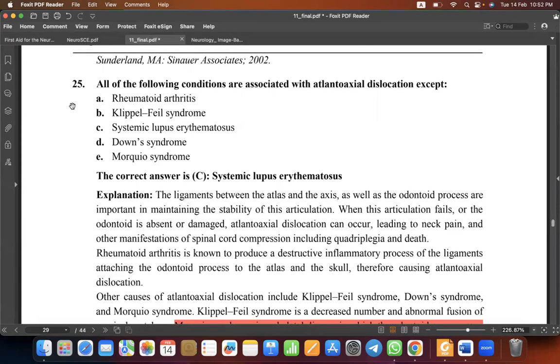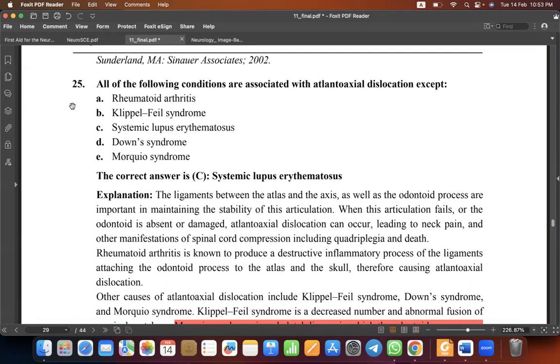The patient will have some neck pain, some quadriplegia. It can even cause death, particularly involving the respiratory center. So always think of conditions, particularly rheumatoid arthritis. Down syndrome can have this, Morquio can have this, and particularly Klippel-Feil. Okay, it's a very important condition.